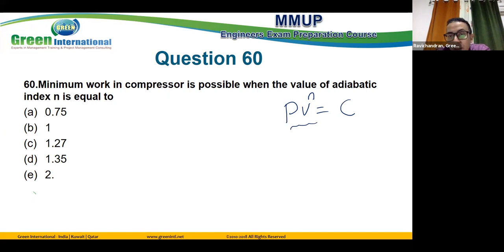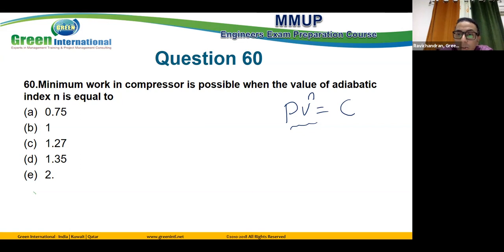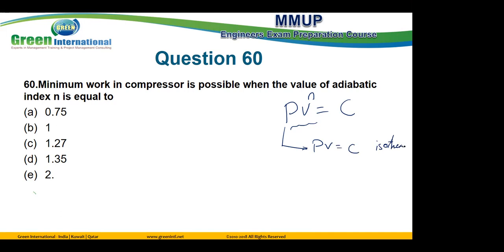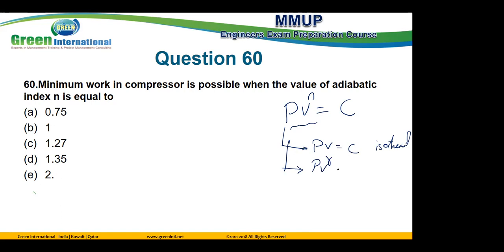So when this can be minimum, when will it be? 1. Exactly. When n is equal to 1, PV equals constant, and this is an isothermal process. And another one is PV to the power gamma, which is adiabatic.